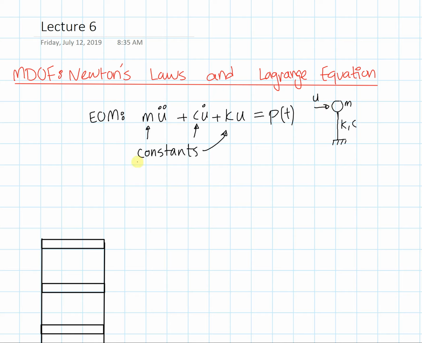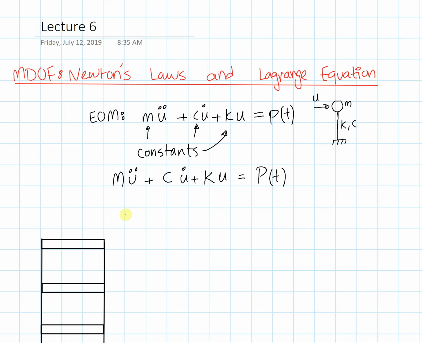Now what we want to focus on is multi-degree of freedom systems. As we mentioned, the mass is now a matrix, so we have M U double dot. U is now a vector. So again, we have C U dot plus K U, and this all is equal to a vector of forces.